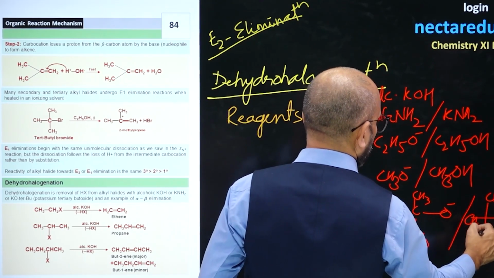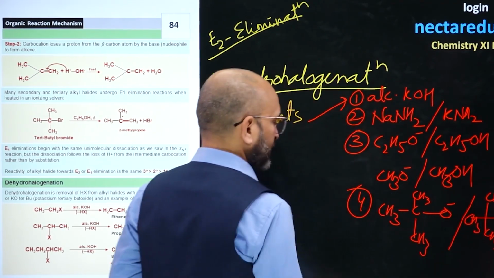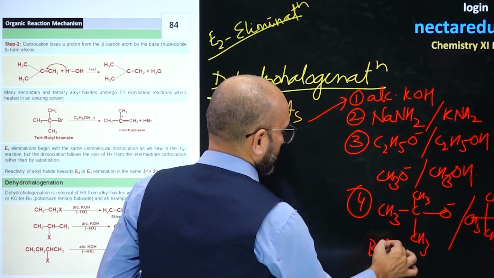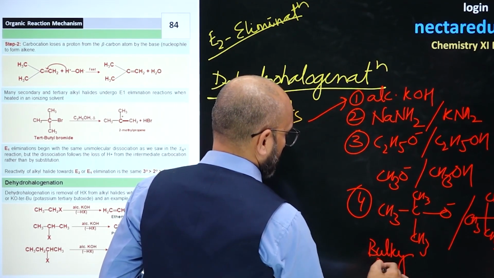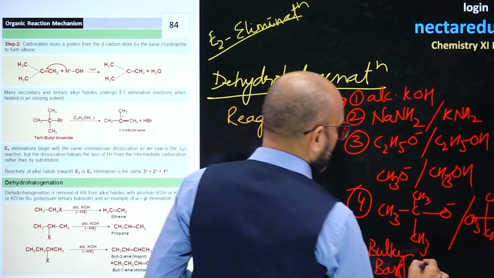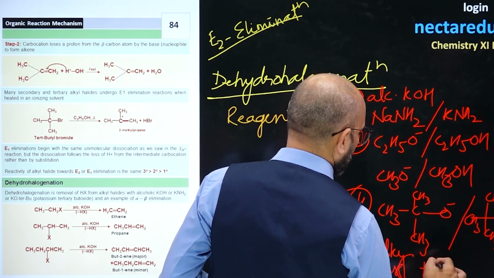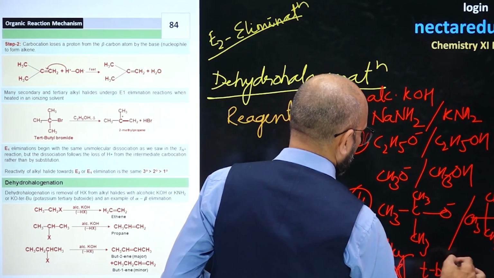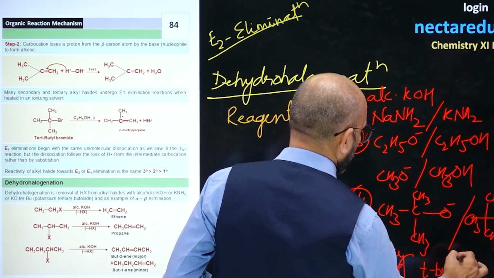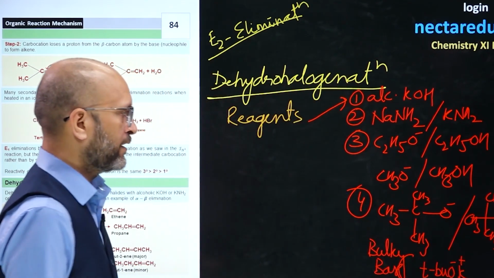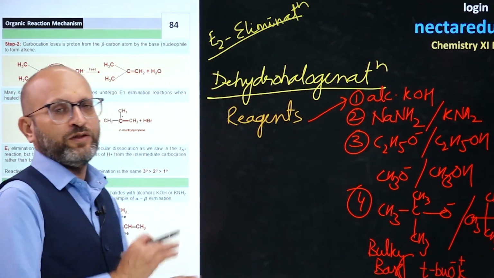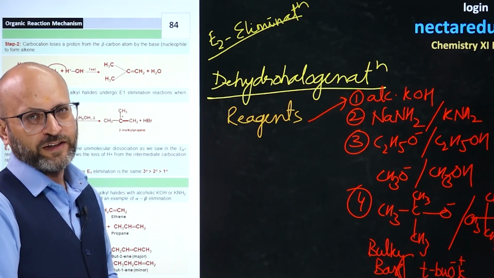This is a bulky base. It is written as t-BuO minus, with potassium or sodium. So any of these bases could be used for E2 elimination.